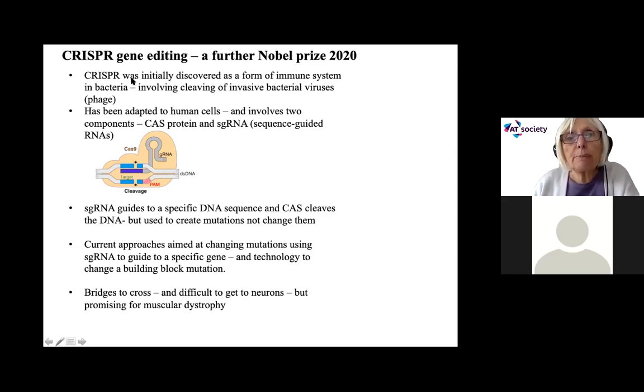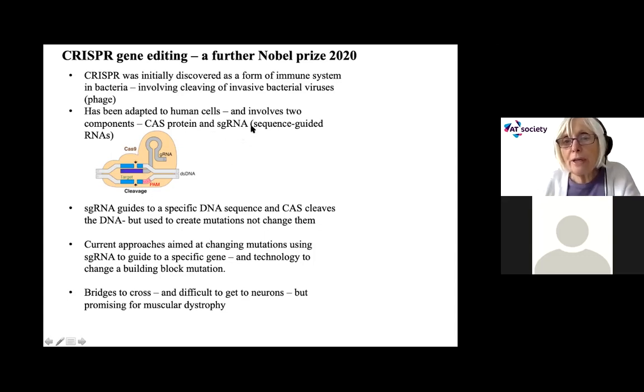And CRISPR is a technique for trying to change DNA sequences. This has gone apace in the last few years, and last year there was a Nobel Prize awarded for this technique. I don't want to go into this in detail, it's quite complicated, but it basically came from work with bacteria, where they found it was a system that bacteria use to ward off infections. But it's been adapted for use in human cells, and it uses something called the Cas9 protein, which is able to introduce double-strand breaks into your DNA.